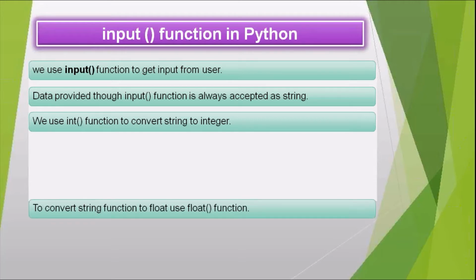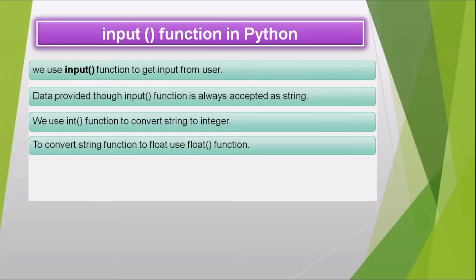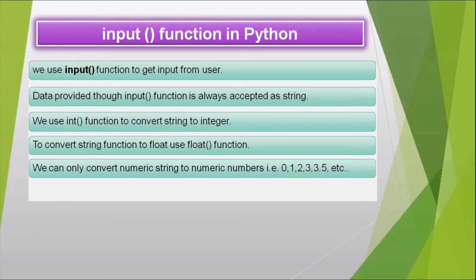Similarly, we can use the float function to convert a string to a float. You can test on your own. We can only convert numeric values. Suppose you give 1, 2, 3, 4 through the input function, you will be able to convert those to numeric values. You cannot convert strings like hello, MyPython, Alexa to integers. It will give you an error.